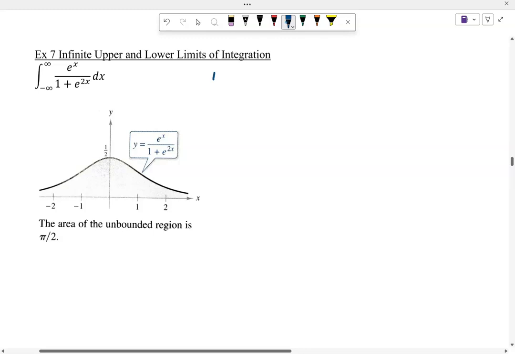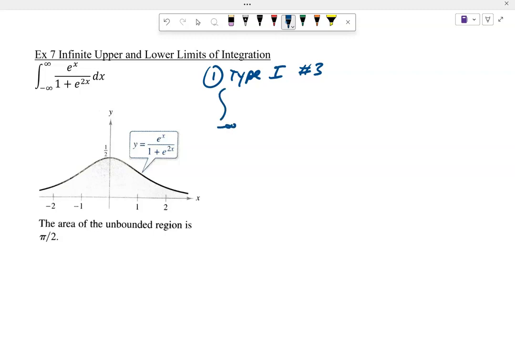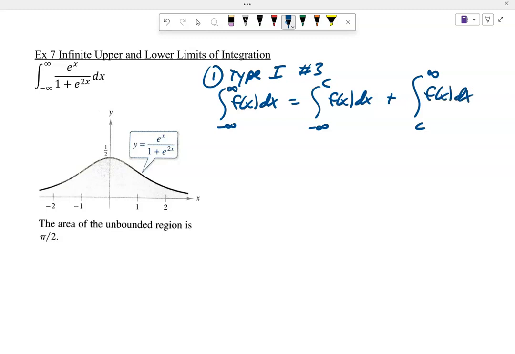So this is a type 1, but a number 3 with an infinite limit of integration. Negative infinity to positive infinity, this function, we're going to split this up, going from negative infinity to c plus c to infinity. And here, you know what we'll do?